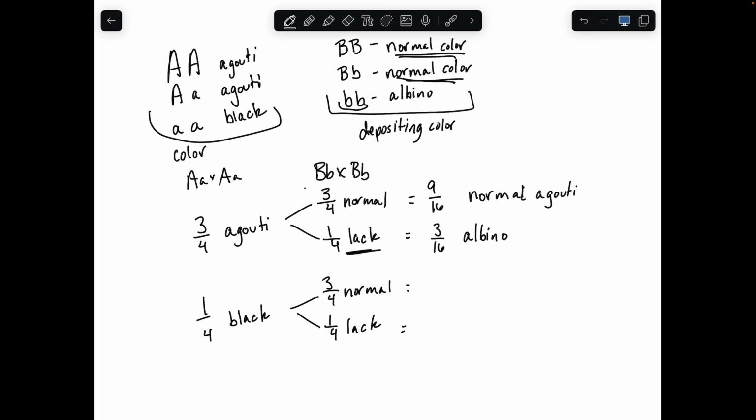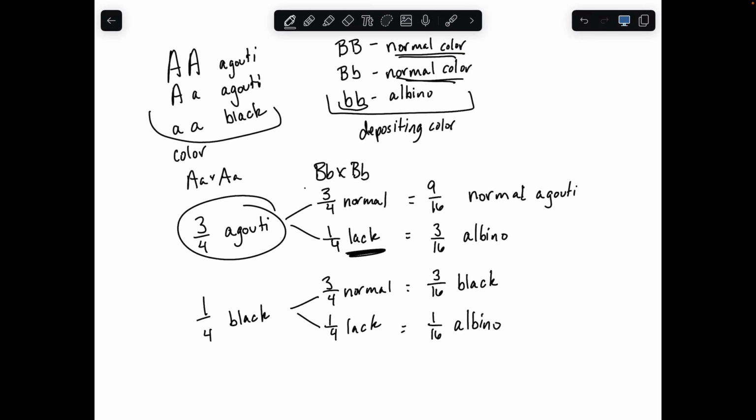Because the lack of color means no color. Okay, if we go down here to the bottom, 3/16 will be black. And then 1/16 again, albino.